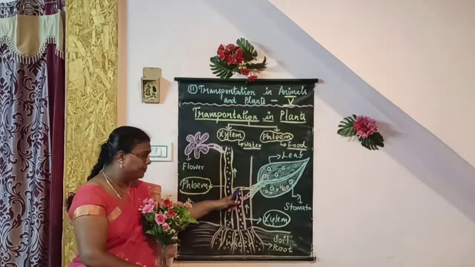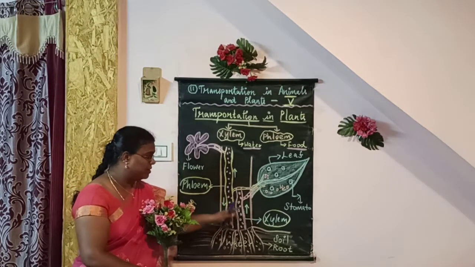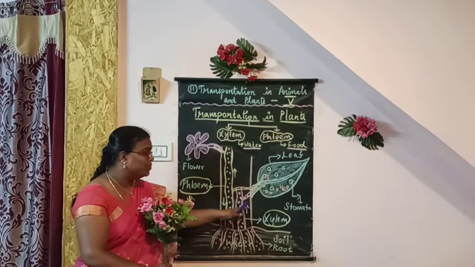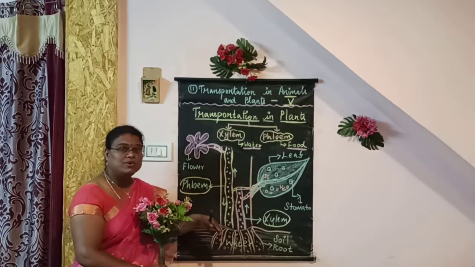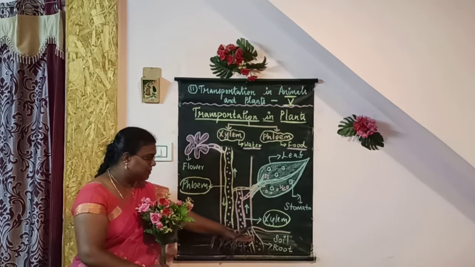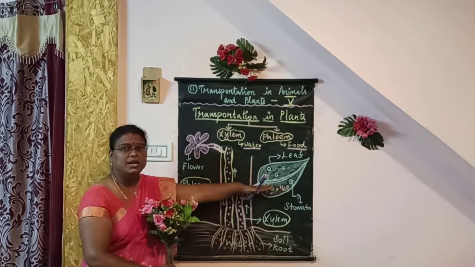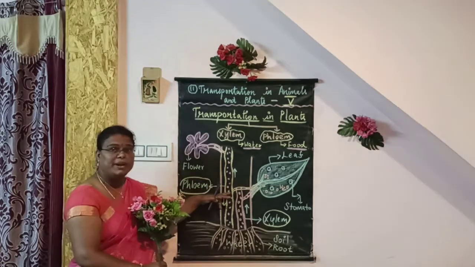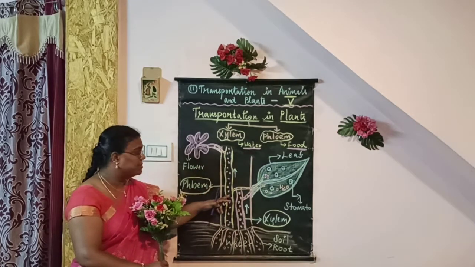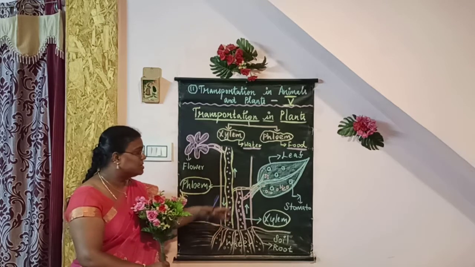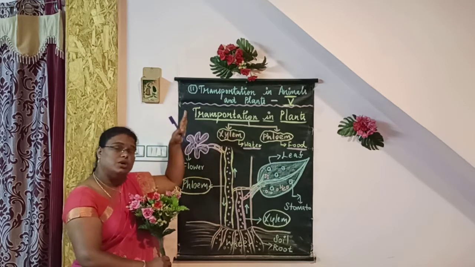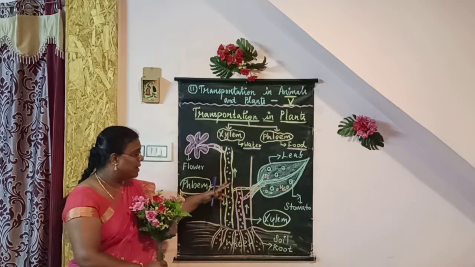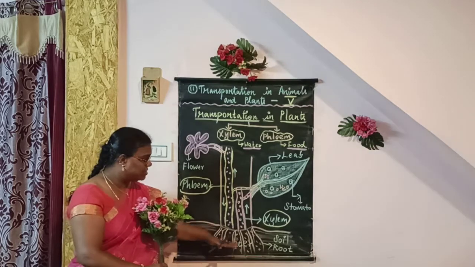See, the movement of water by the xylem is unidirectional because it flows in one direction, that is from root to leaf. The movement of food materials inside the phloem is bidirectional, because it goes from the leaf to flowers, fruits or buds on the top, and also to the root at the bottom.